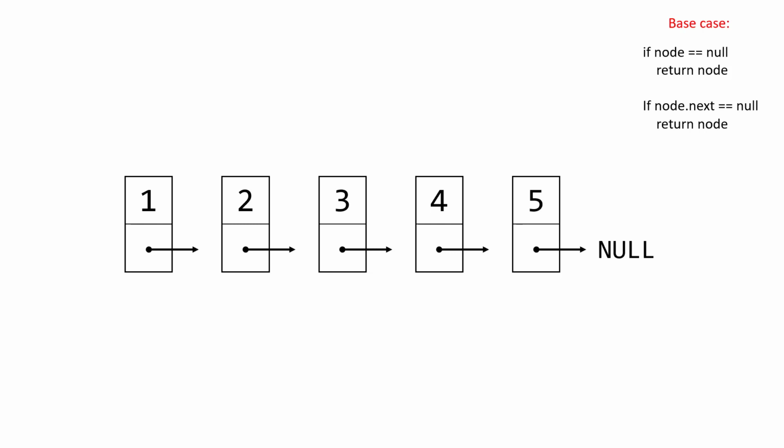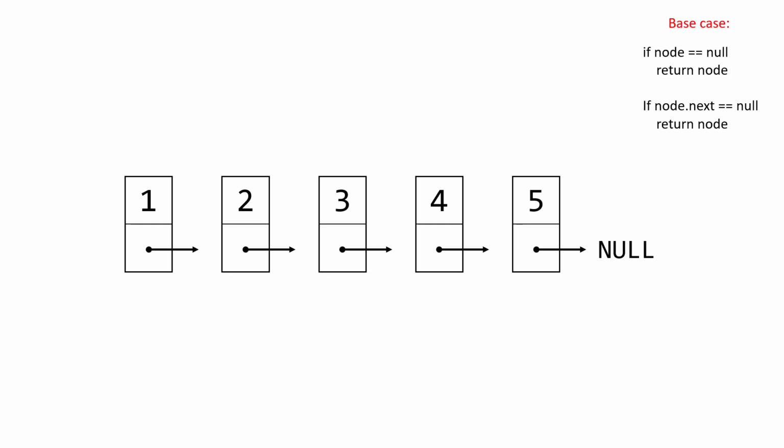So as you can see, when we hit 5, 5.next is null, so we return 5 back to the previous caller. And I'll show you that flow, but that's our base case. Remember, this is so that we can find the end of the linked list and then start sending it back. Remember, we want to send 5 all the way back to the beginning.